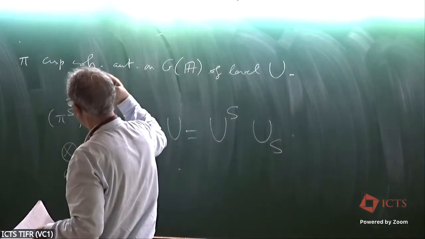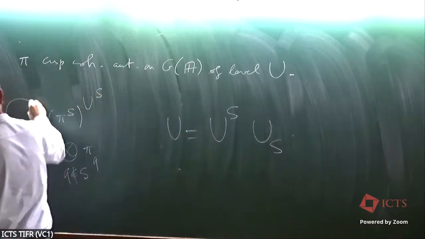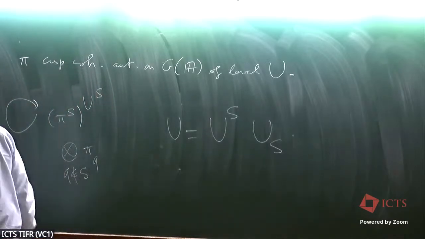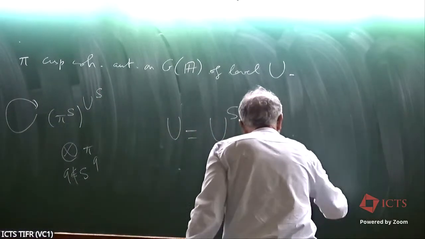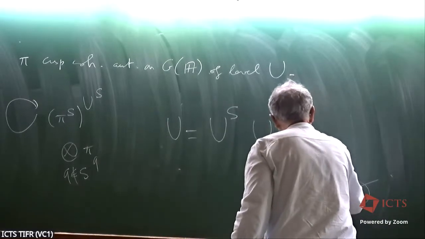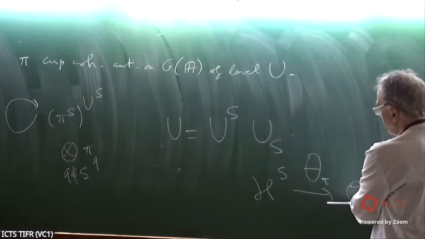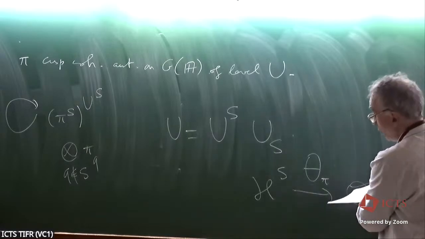So the Hecke algebra acts on this, and so you have an action of H^S, and therefore you have an algebra homomorphism from H^S to O that we call theta_pi. O, as I said, is a p-adic ring which is sufficiently big to contain the Hecke eigenvalues.